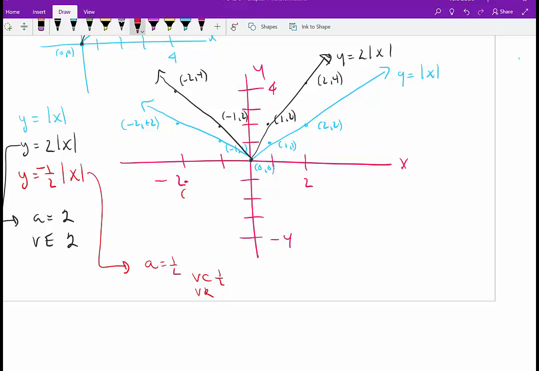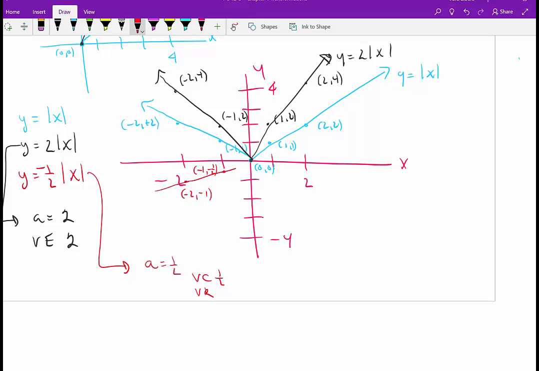Okay, so -2 and -1. Okay, so my next point is -1 and 1. 1 times a half is a half, and I want to reflect it over the x-axis, so it becomes -1/2. So I have a point here at -1 and -1/2.